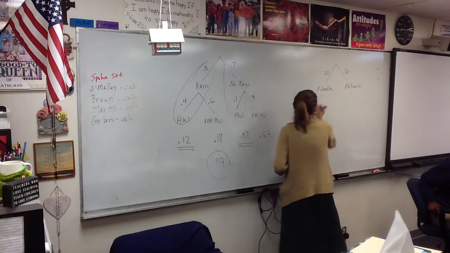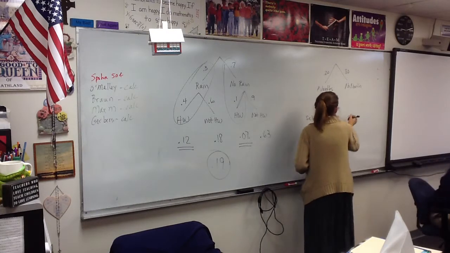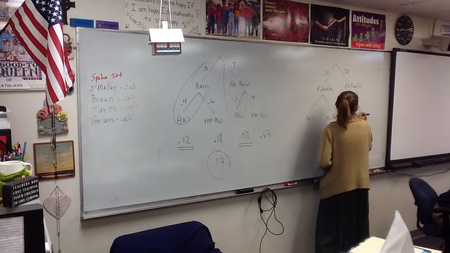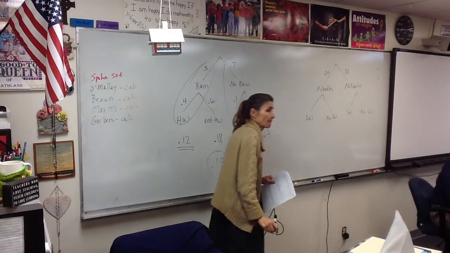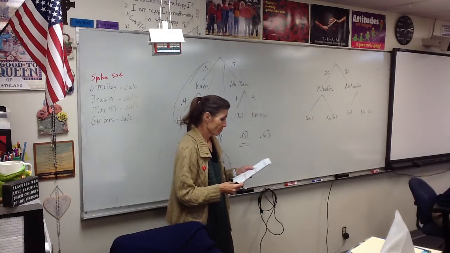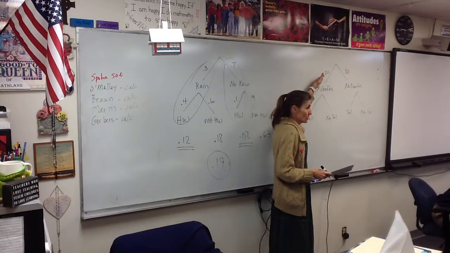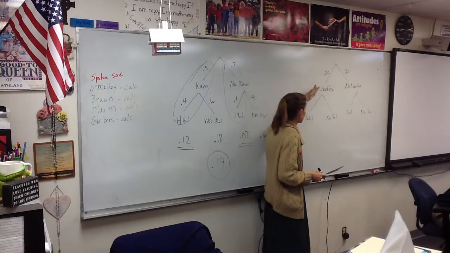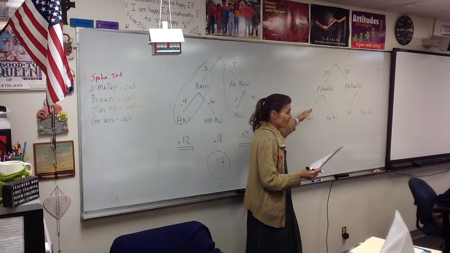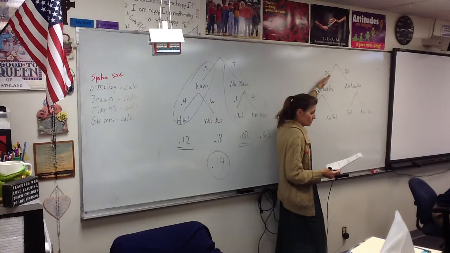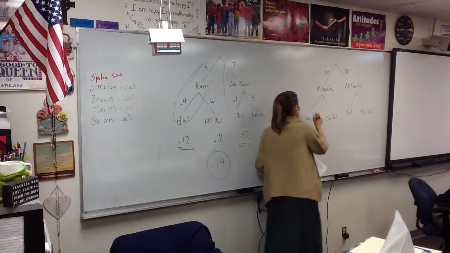Now, we're either going to have salad or we're going to have no salad. All right, now, if we serve noodles, what's the probability we'll have salad? 80.